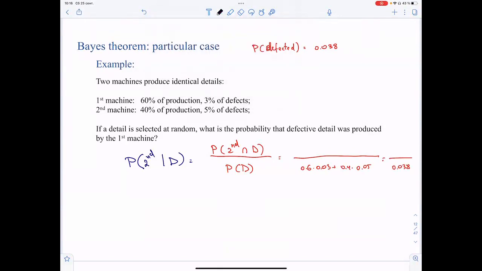As for the probability of the intersection, it's actually the probability of being defective given being made by the second machine times the probability of the second machine. The probability of being produced by the second machine is 0.4, and the probability of being defective given the second machine is 0.05. As a result, it gives you 0.020 divided by 0.038. This is a probability of 20 over 38.